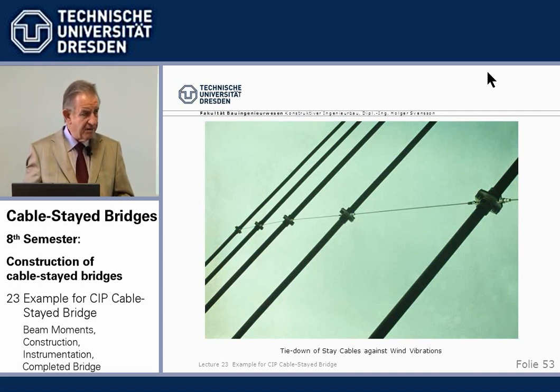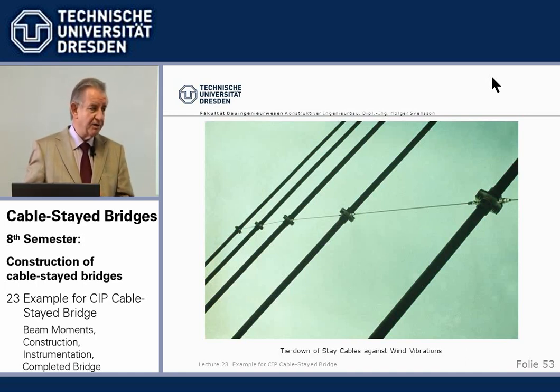So we'd rather avoid it by using hydraulic or friction dampers at the bottom, things like that. But here, that was decided. So that's the bridge with the tie downs, not too nice, I think. I'll show you later the pictures which were taken before those tie downs were installed. Then the bridge looks much nicer.